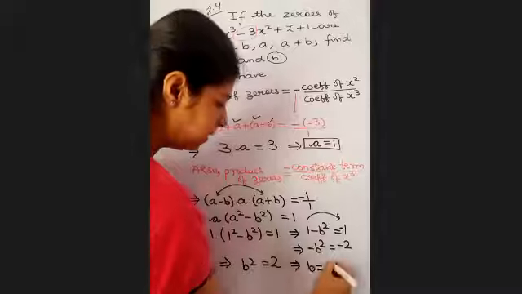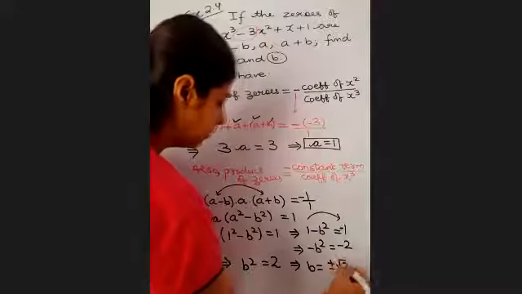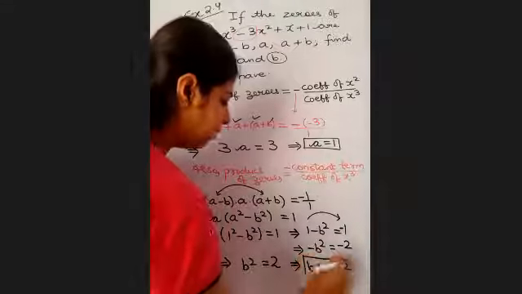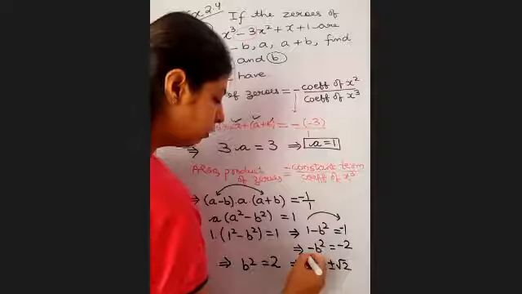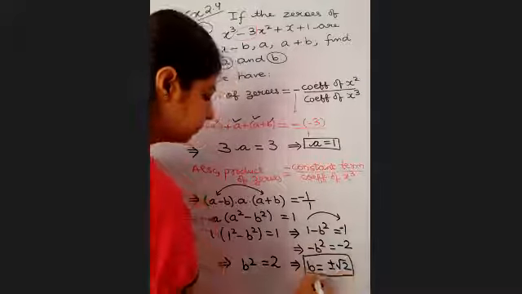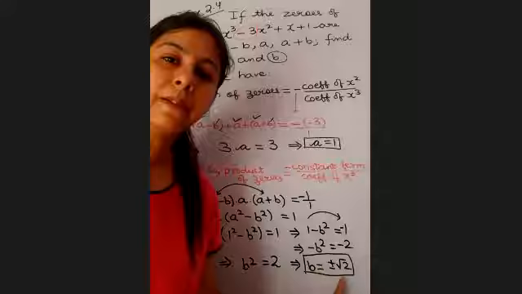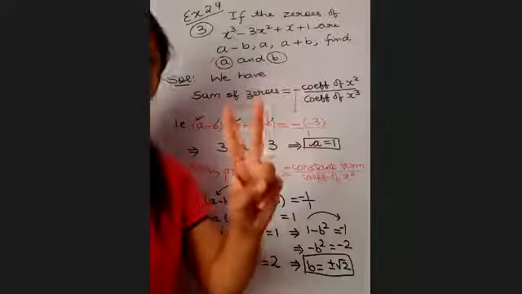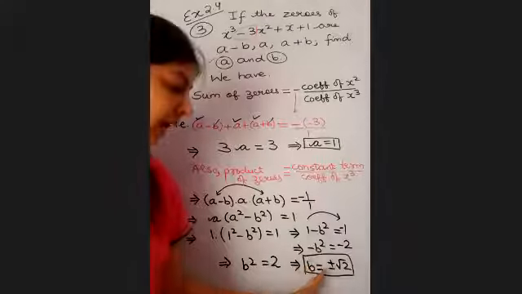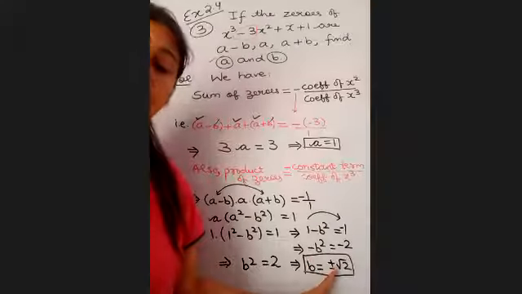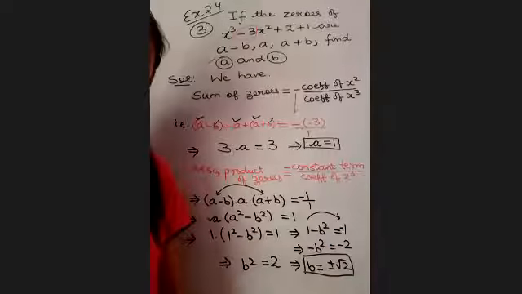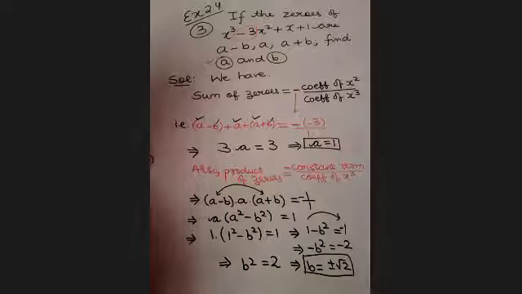Why? Let me explain it to you. If you have the value of b as root 2, what will be b square? 2. And if you have the value of b as minus root 2, then also the square of b will be 2.